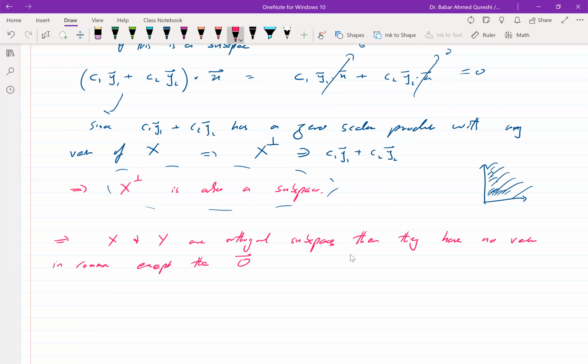Because the zero vector is in all subspaces, so the zero vector will be there. That means X intersection Y is exactly the zero vector.